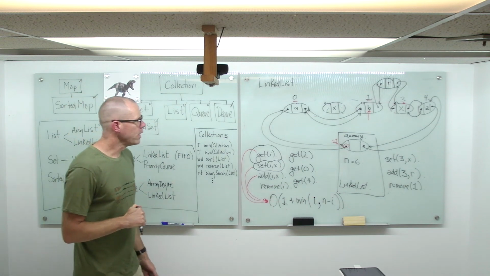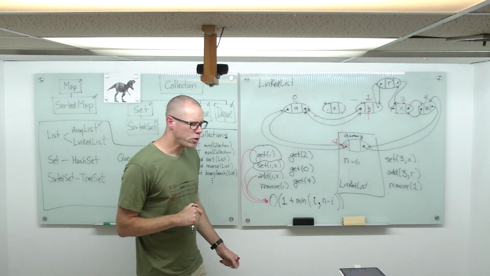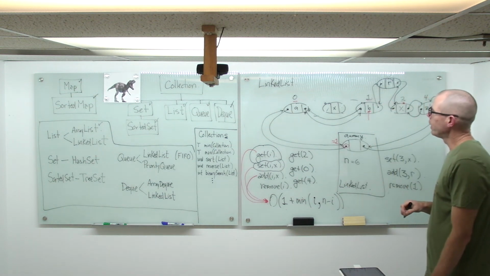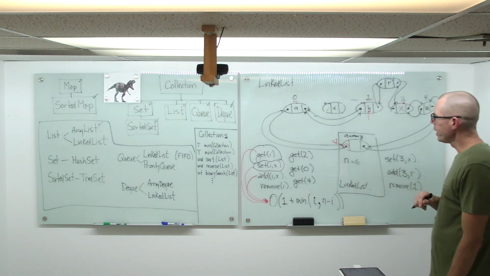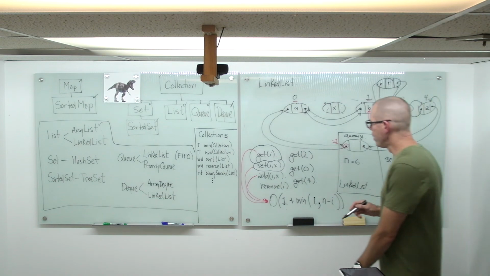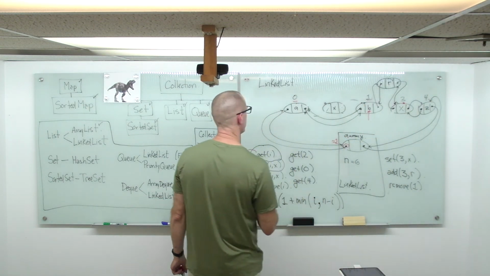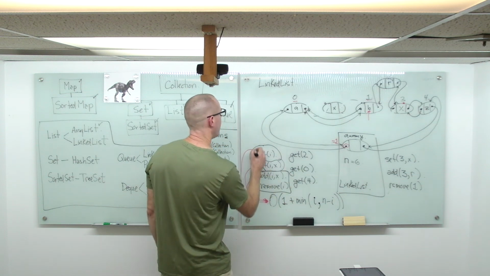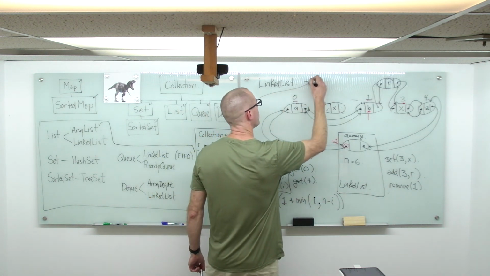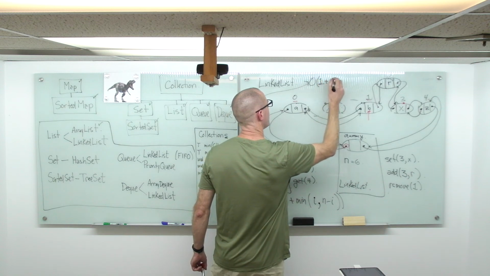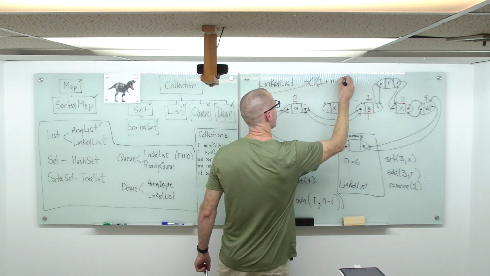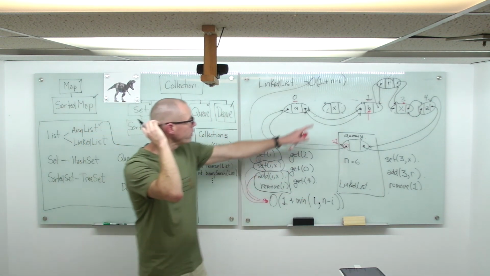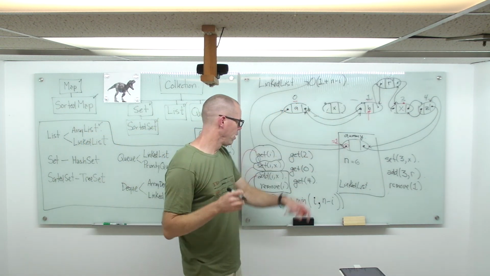All right, so now I can finally answer the question that someone asked. What's the advantage of a linked list versus an array list? Well, remember, in the array list, these operations had a running time that was O(1 + n - i), because I had to shift n - i elements.